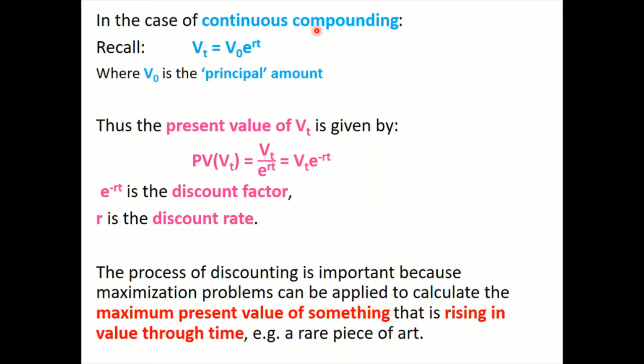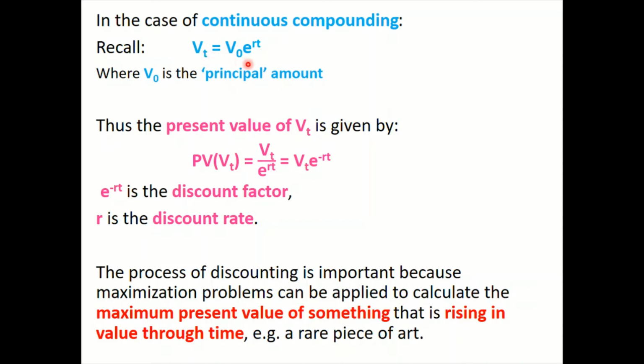So if we now want to take a look at discounting where we have continuous compounding, we need to first of all recall how to calculate the future value of an investment after t years when we have continuous compounding.